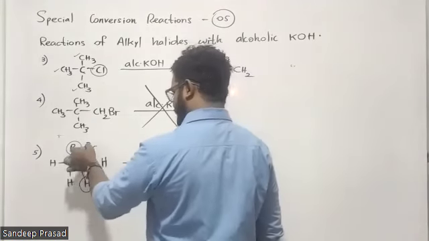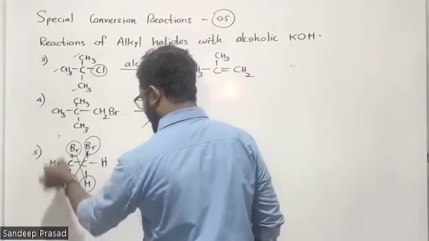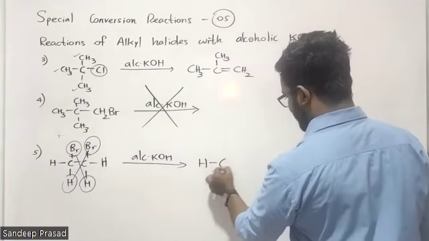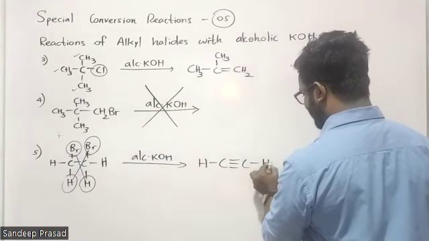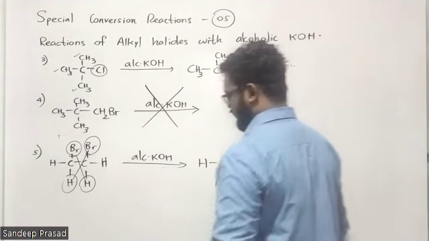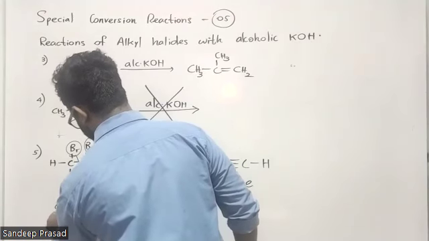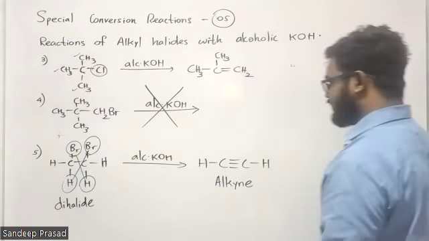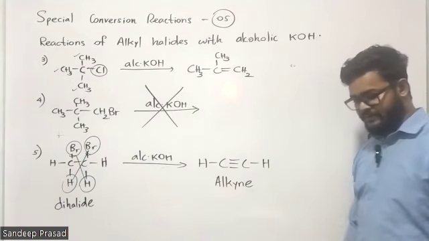And what about this carbon? Bromine and hydrogen are eliminated. So the interesting thing is that the product here is now not an alkene, it is an alkyne. So try to understand, when we have a dihalide, there is a possibility to have an alkyne as a product.